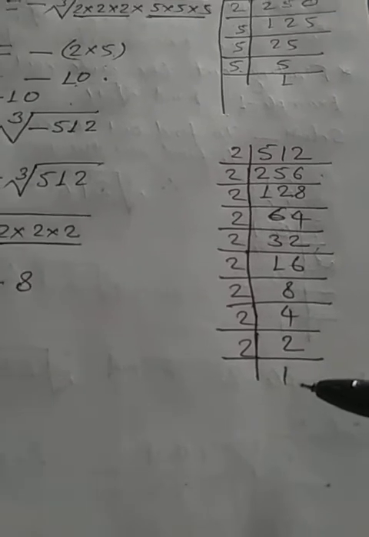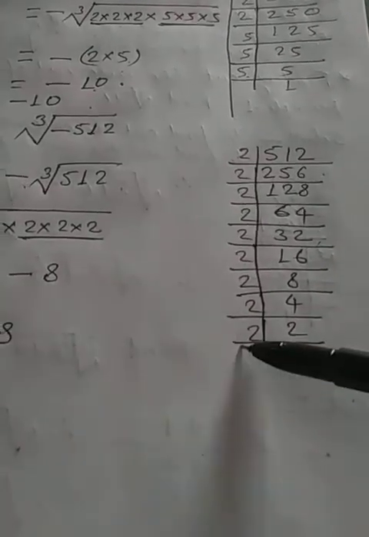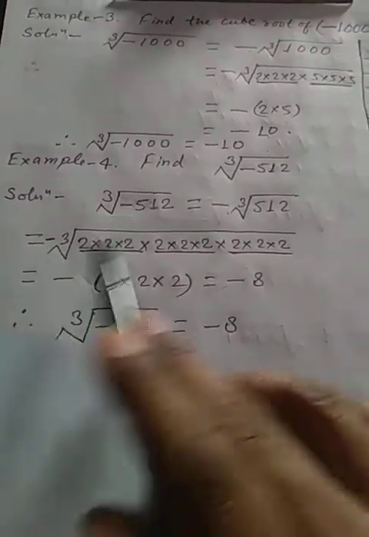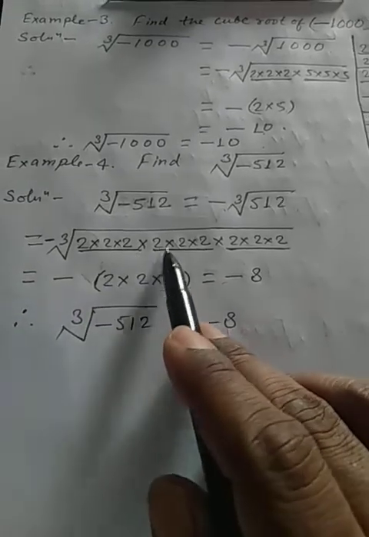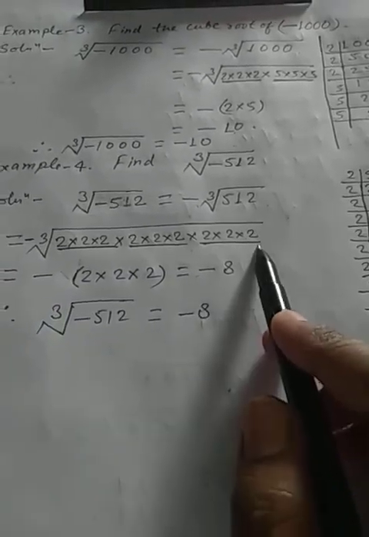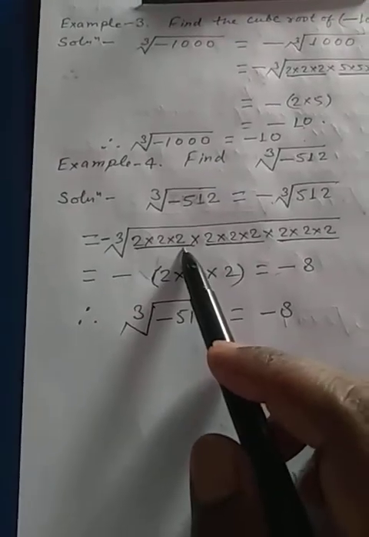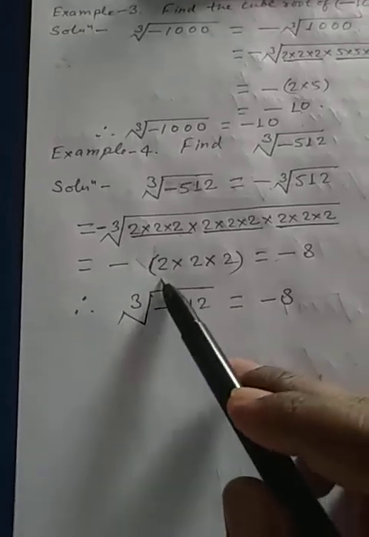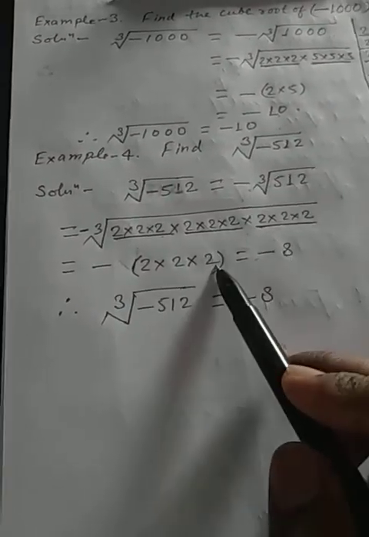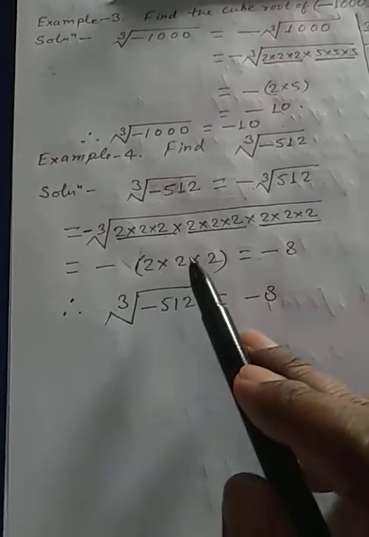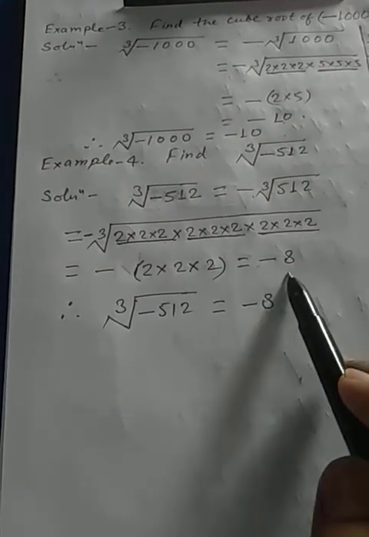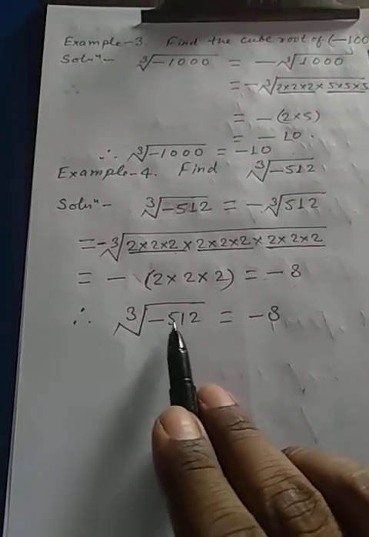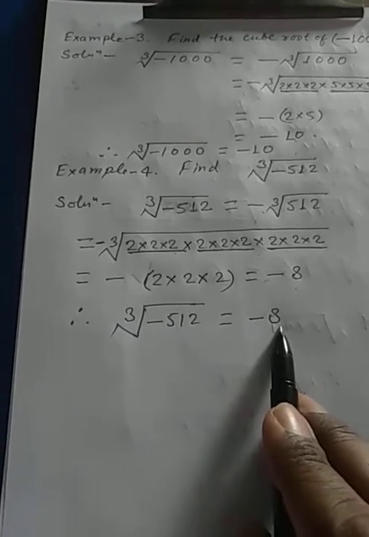So there are nine 2's and we can write it as minus cube root of 2 into 2 into 2, 2 into 2 into 2, and 2 into 2 into 2. We are making triplets of 2, 2, and 2. For each triplet we can take out 1. So 2 into 2 into 2, but the negative sign is here. 2 twos are 4, 4 twos are 8. So it will be minus 8. Therefore, the cube root of minus 512 equals minus 8.